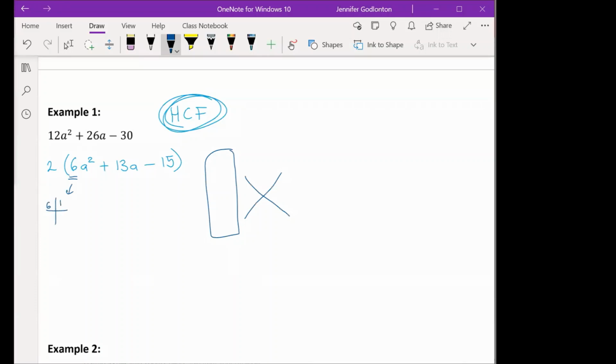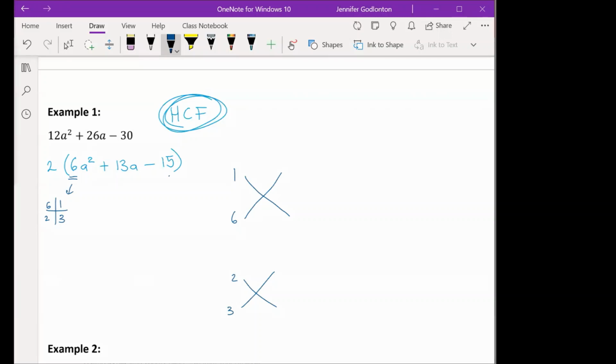We can either have 6 and 1, or we can have 2 and 3. Now, if there's only 2 options, I find it easier to just draw 2 crisscrosses. On this crisscross, I'm going to write 1 and 6. And on this crisscross, I'm going to write 2 and 3. But you can do it on 1 and just erase as you go. You don't need to panic.